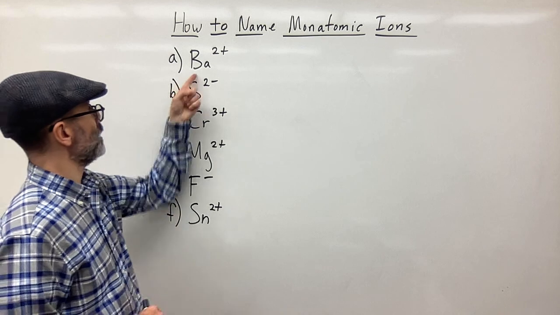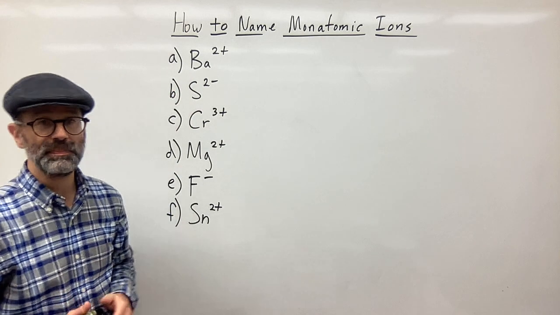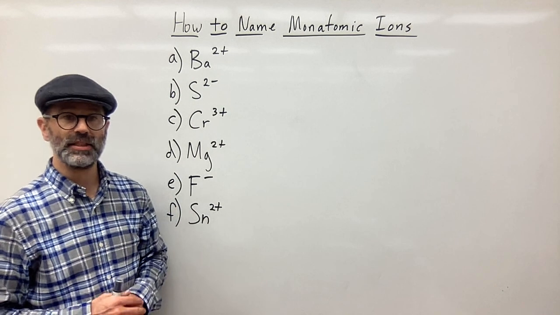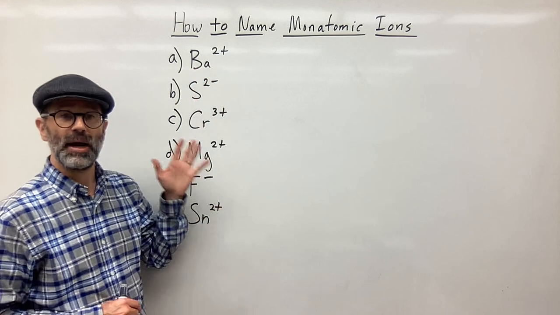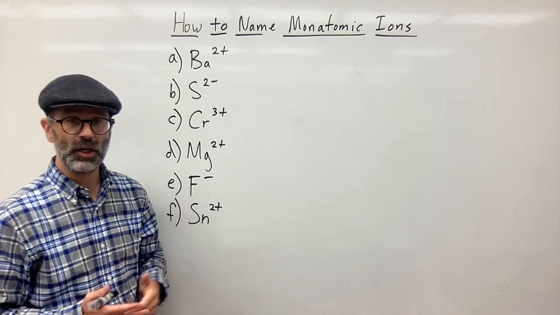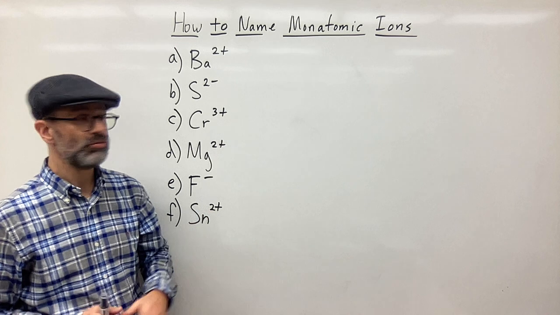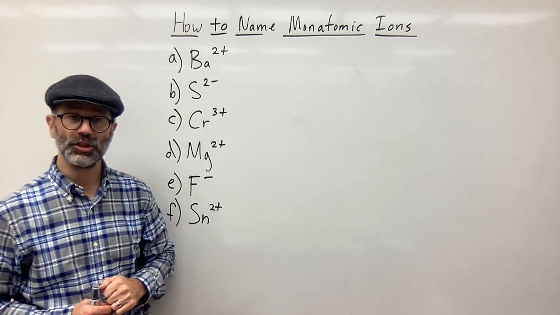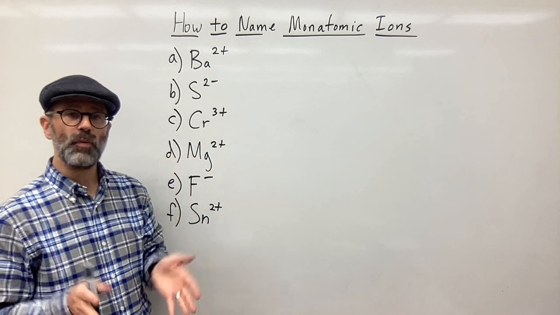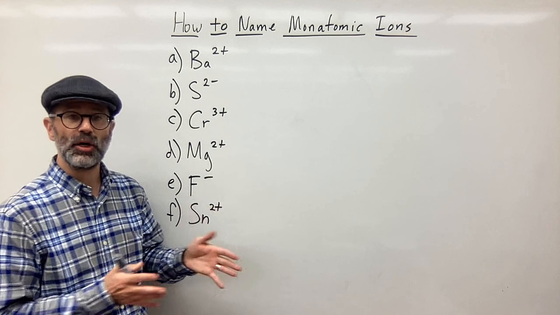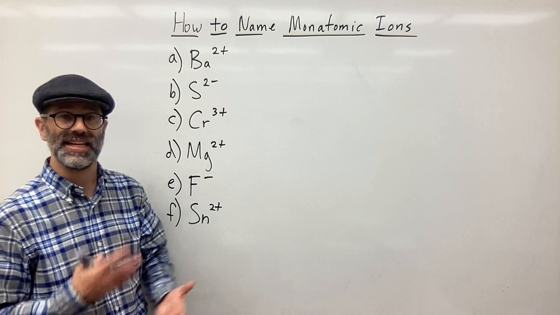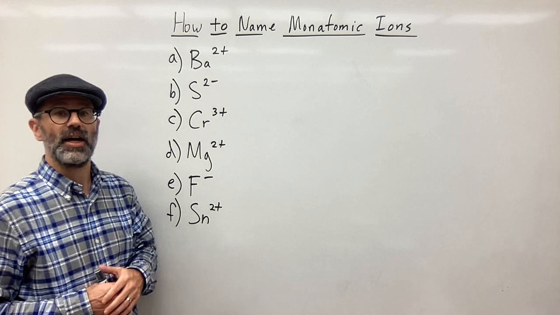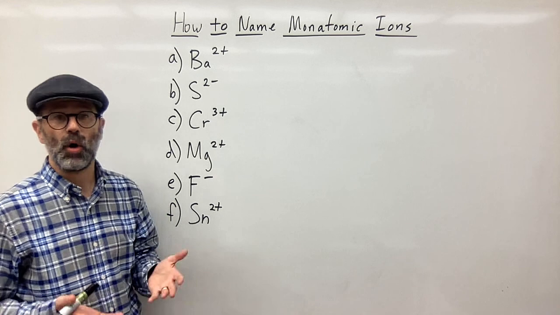So here we have Ba2+, barium. Barium is a metal, it's a positive ion. You have a 2+ charge. Here, barium is a representative metal. It's in group 2. We know that because it's got a 2+ charge. And because it's a main group metal, or a representative metal, it's going to only have one charge.